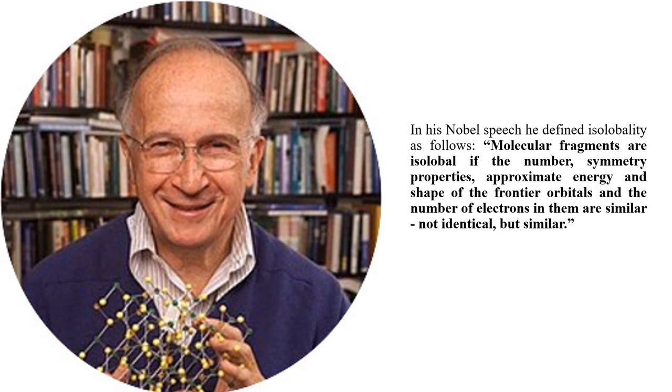Roald Hoffmann, in his Nobel speech, defined isolobality as: molecular fragments are isolobal if the number, symmetry, properties, approximate energy, the shape of the frontier orbitals, and the number of electrons in them are similar. That is, he stressed similarity and not identical.